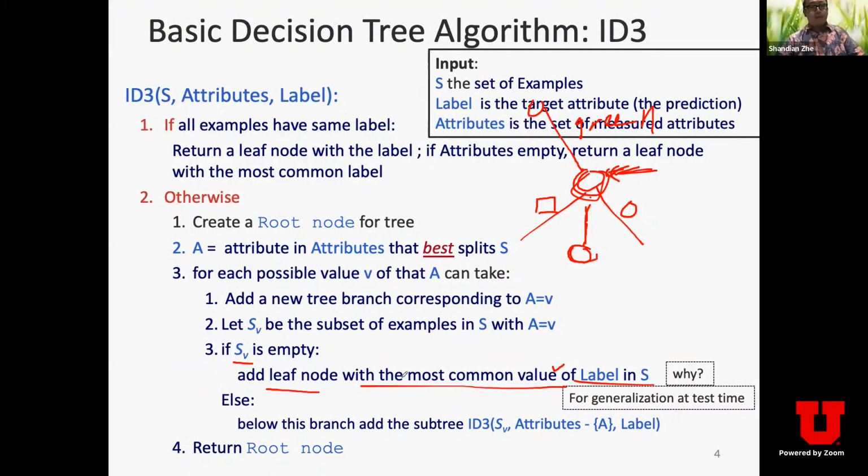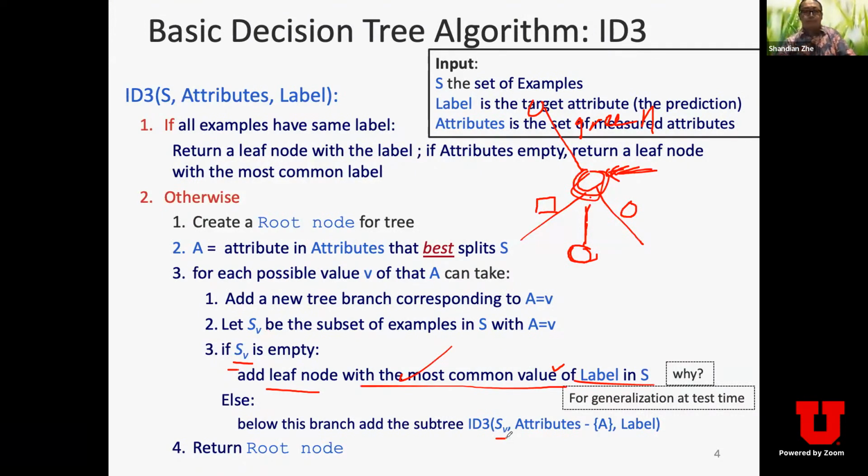Okay, I just want to emphasize this again, to make sure that everyone, when you implement your ID3 algorithm, doesn't forget this detail. And if S_v is not empty, that's good. I mean, at least a set of examples in S will take the particular value v in attribute A, then you can call ID3 again over this subset to consider further growing the tree or adding leaf nodes in the subsequent steps.